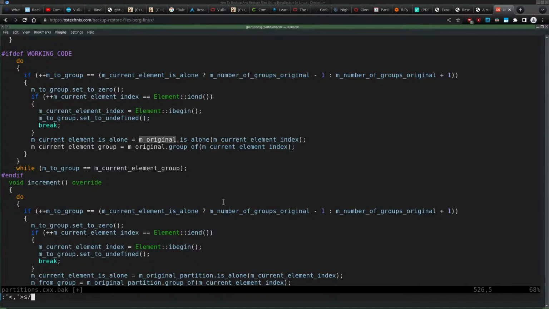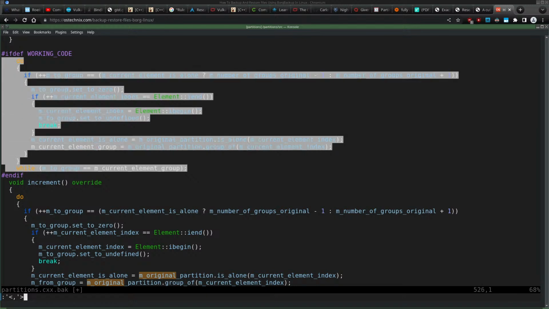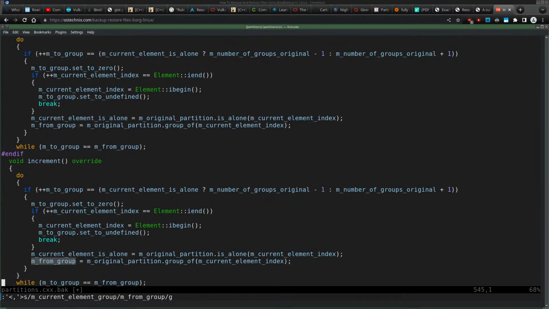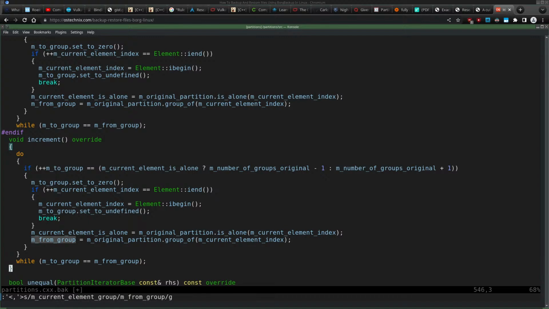And current element group was renamed to from group. So absolutely no change. Yeah? This function is still correct then.